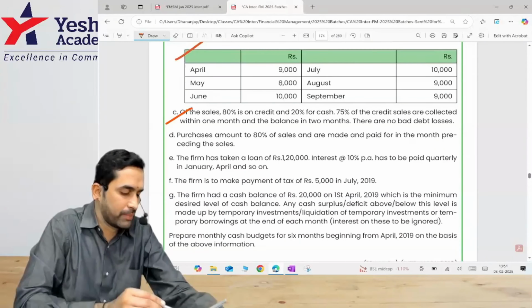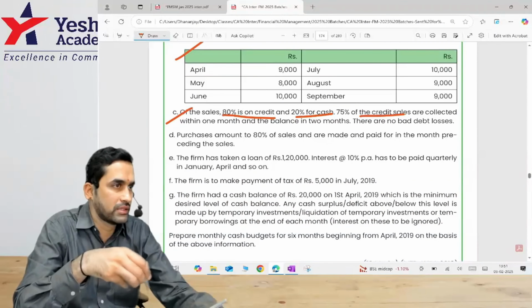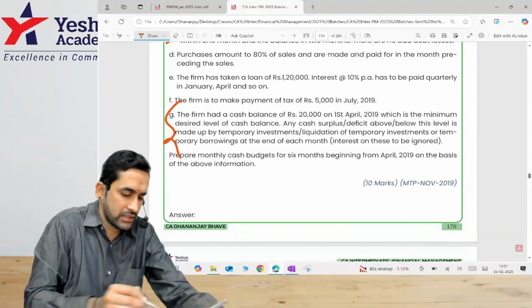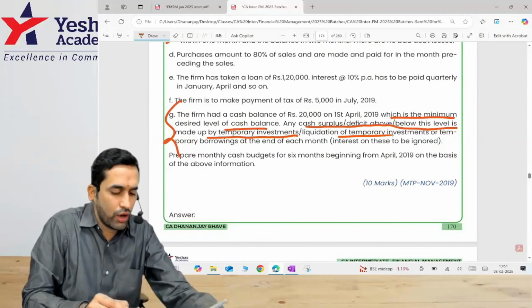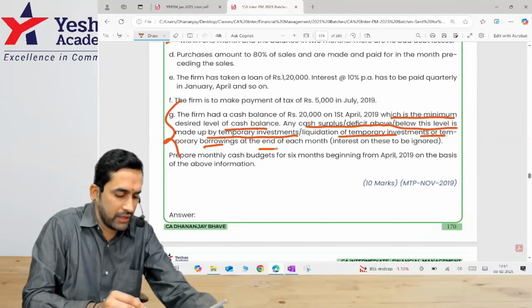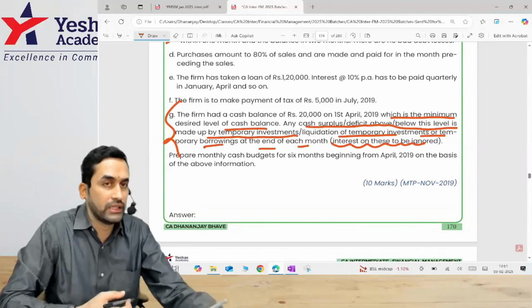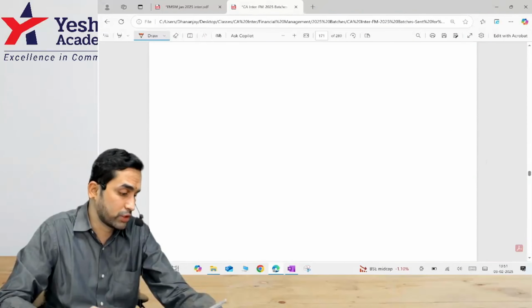Here you have more complication. Some part is credit, some cash, 75. They haven't kept all this. They made the question much easier. And here you had this minimum balance. Any cash surplus or deficit will be invested, or we will liquidate, or if you still need some money, we can take loan. And they said interest on these can be ignored.